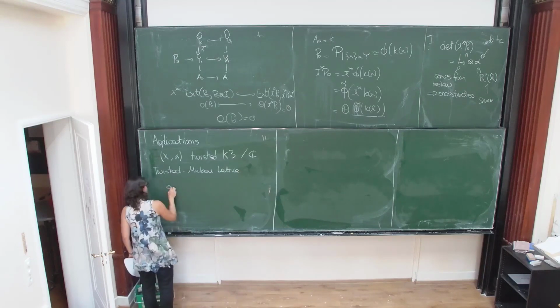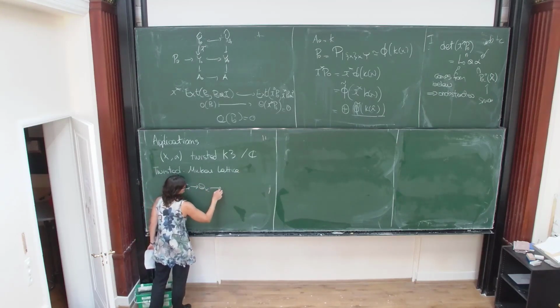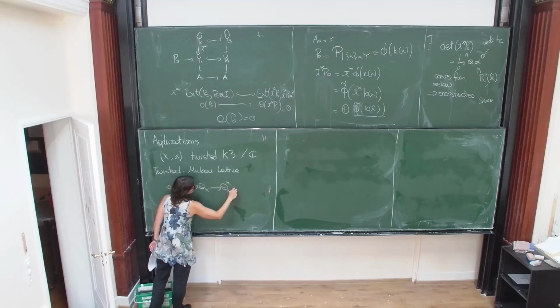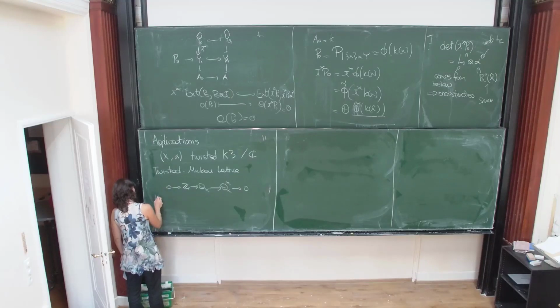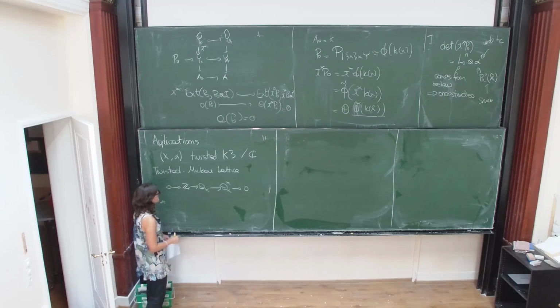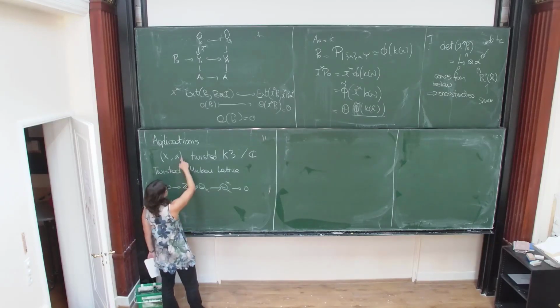So you have the exponential sequence. You take the cohomology, and you use alpha.